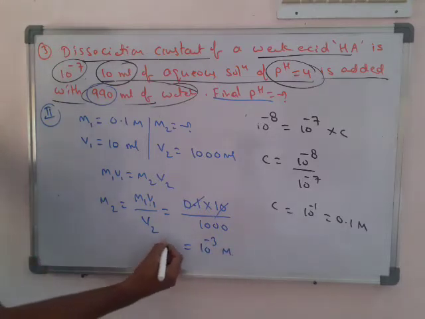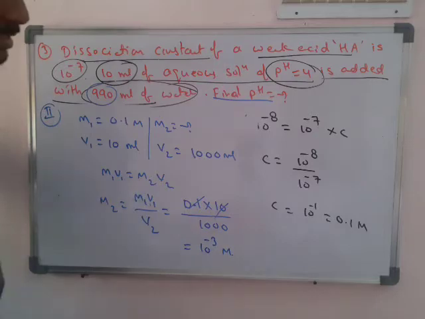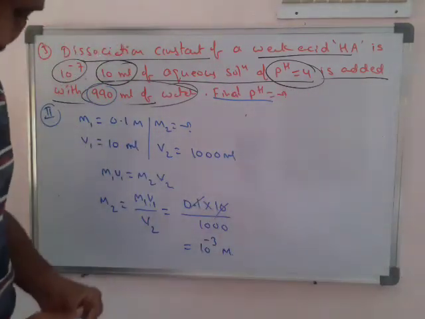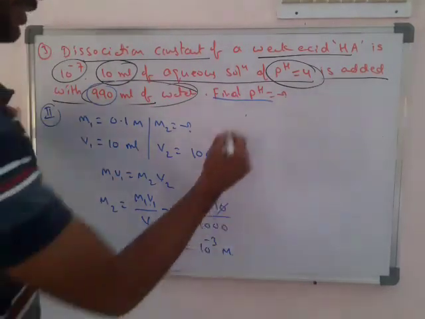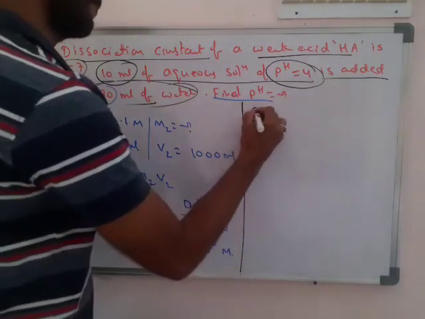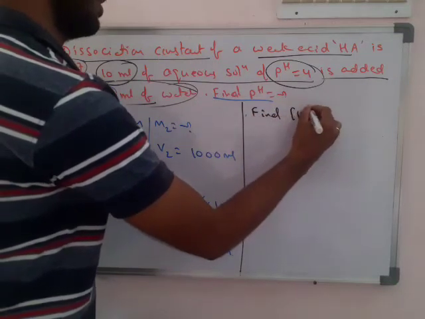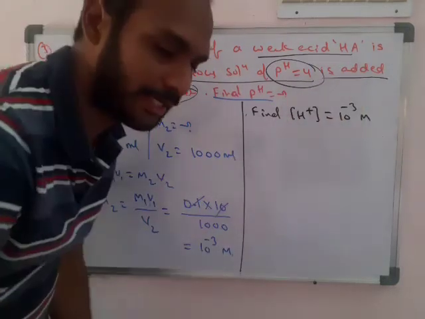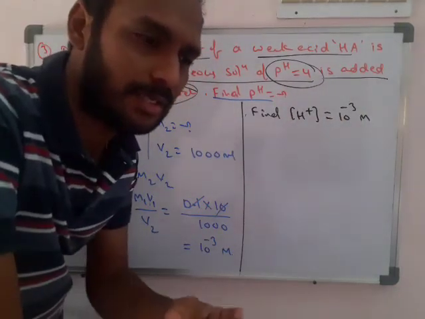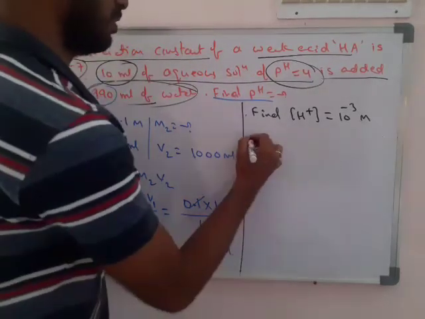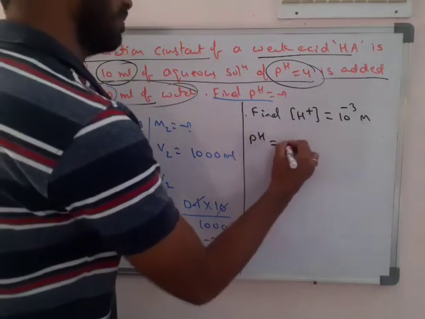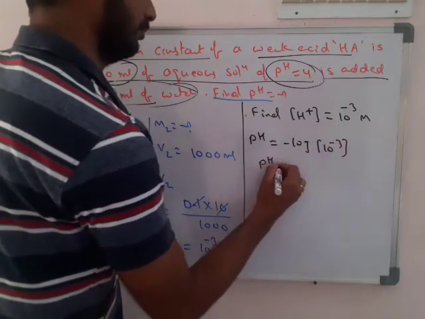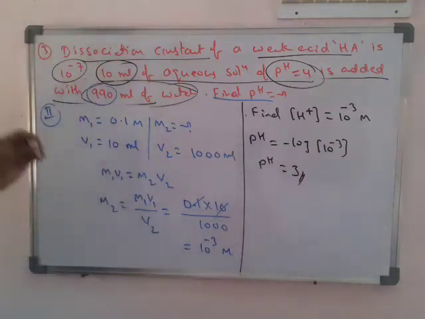Means the final H plus in the final solution is 10 power minus 3 M. We know pH equal to minus log H plus, so finally we get pH equal 3.